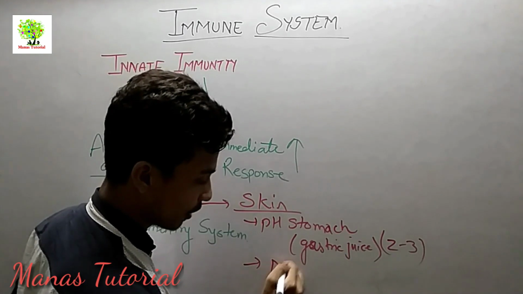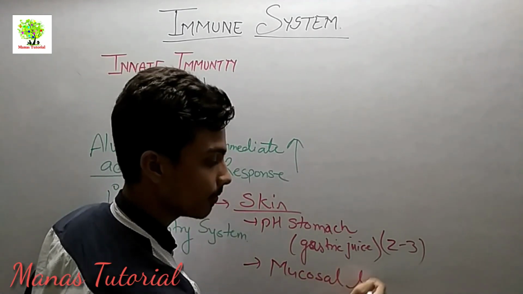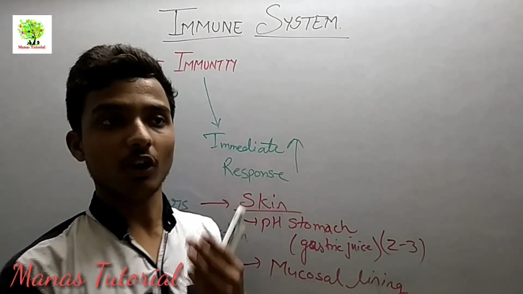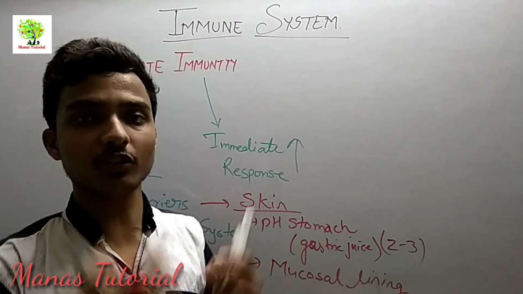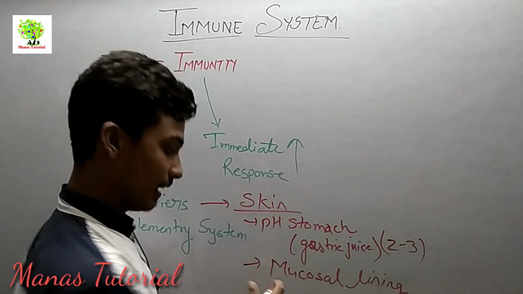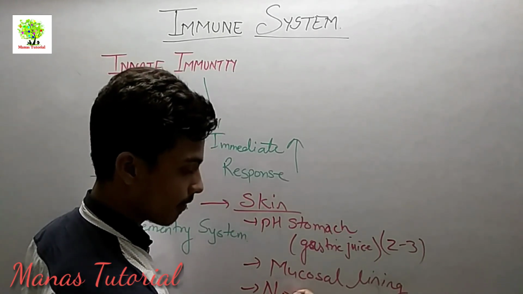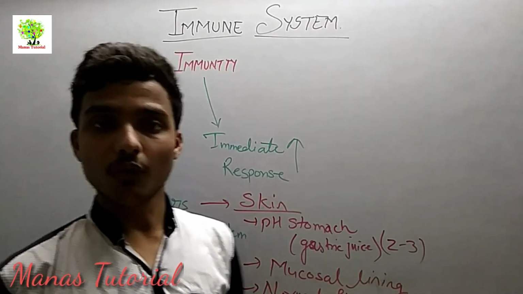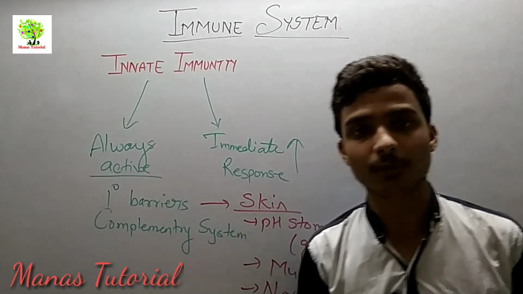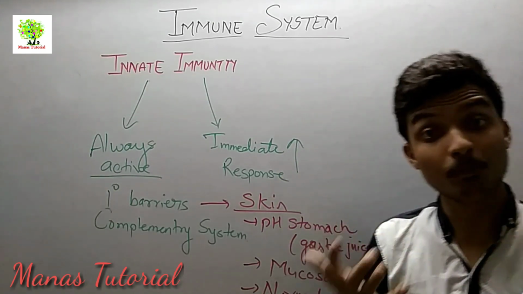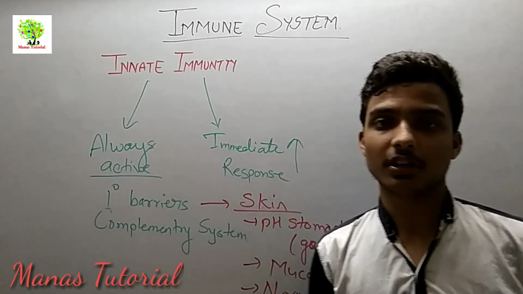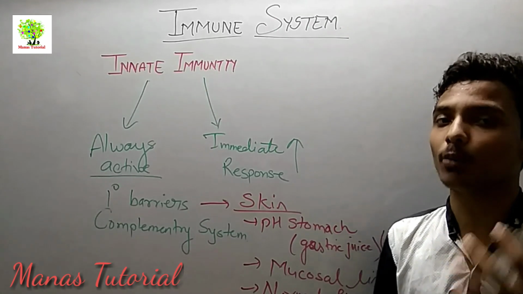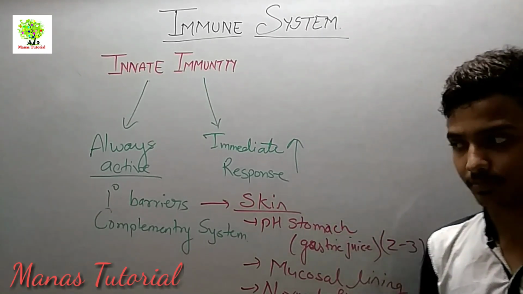There are some others, for example, the mucosal lining. The mucosal lining also protects by trapping foreign particles, which prevents them from entering the body. Another one is normal flora. Normal flora are the group of bacteria or organisms present inside the body, which protect from pathogens by synthesizing vitamin K. This vitamin K helps to protect our body from foreign particles.